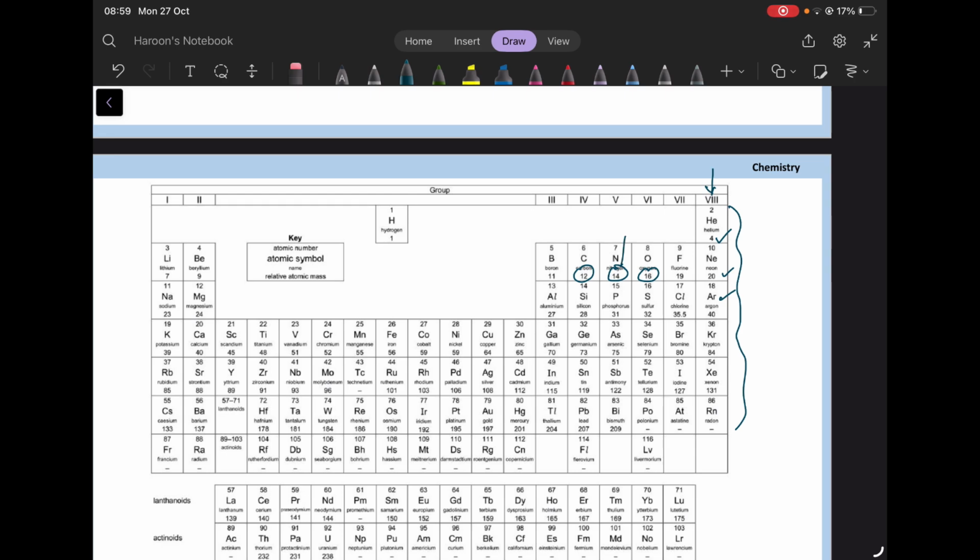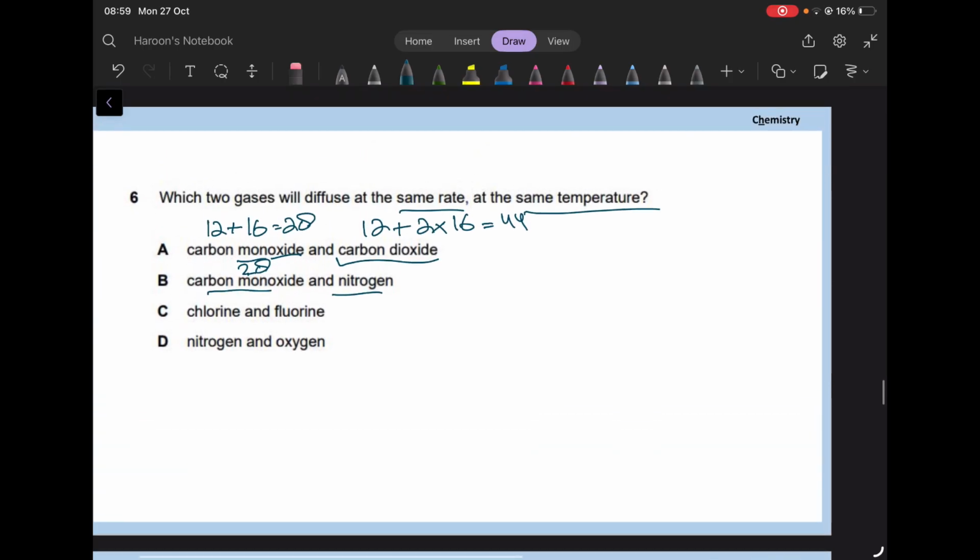So nitrogen gas actually has to be in N2 form, oxygen gas has to be in O2 form, and so on. So nitrogen over here has to be in N2 form, and we have 14 over here. So nitrogen gas would be 14 times 2. So this actually becomes 28. So nitrogen has to be in N2 form like this, like two atoms of nitrogen chemically combined together. So 28 and 28, B has to be the correct answer.